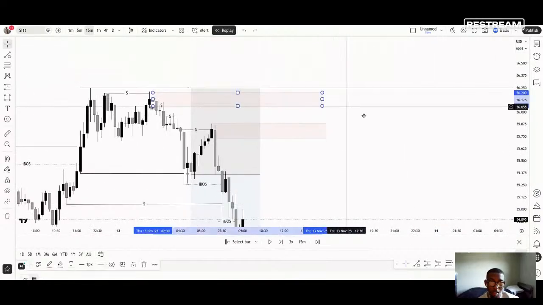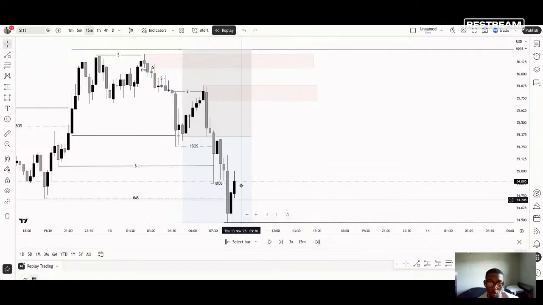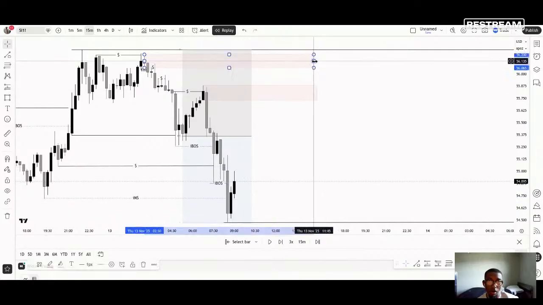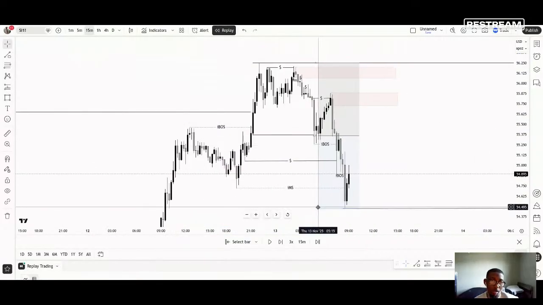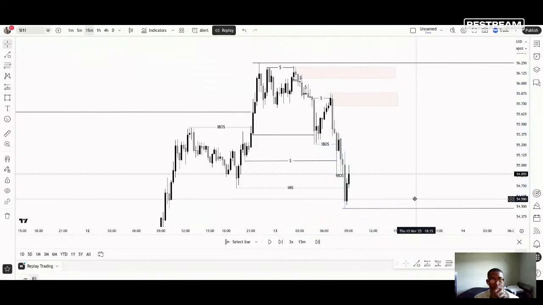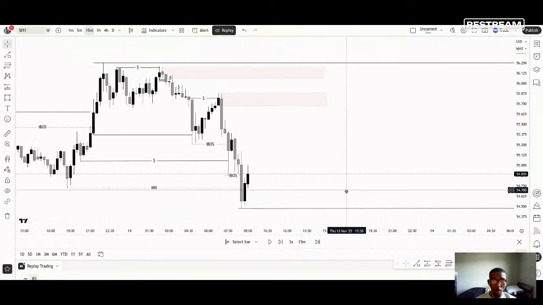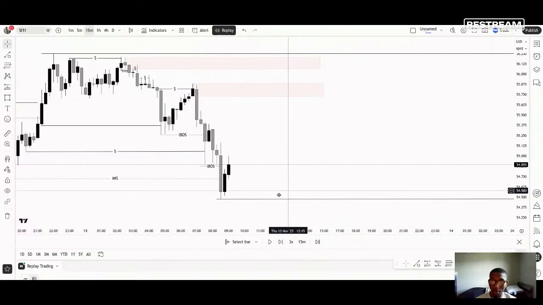You don't want to sell when price is way down here. You want to sell right here. Sniper entries. You don't want to look for B setups. So now I know that price is most likely about to reverse and touch one of these zones.